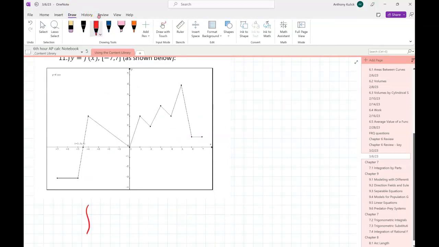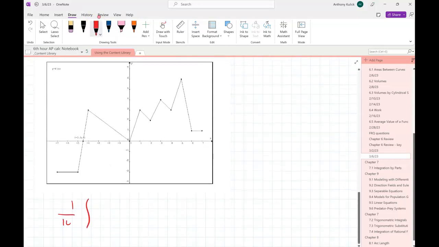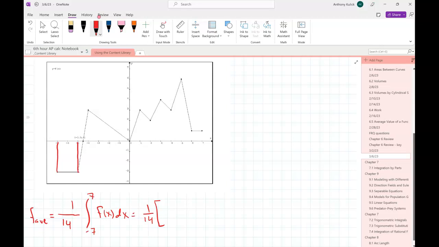So I want the integral of 1 over 14 from -7 to 7 of f of x dx, right? So I have, let's see, that's 2 units long and 3 units high, so that's 2 by 3, but that's negative.